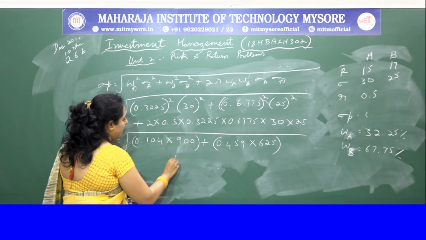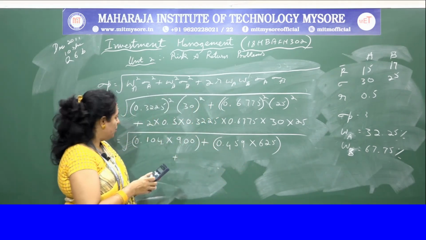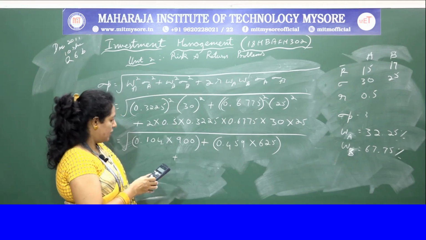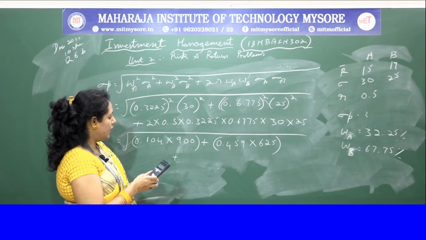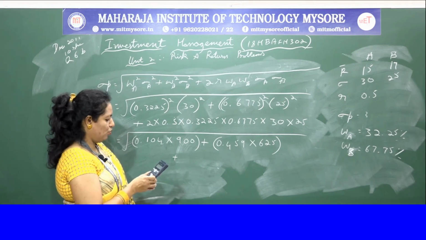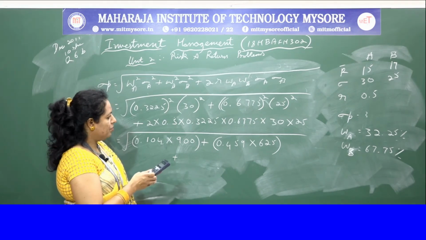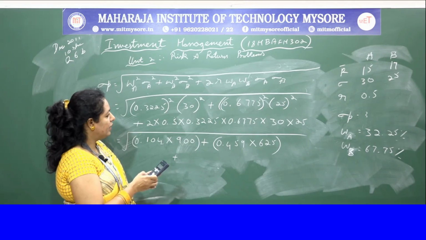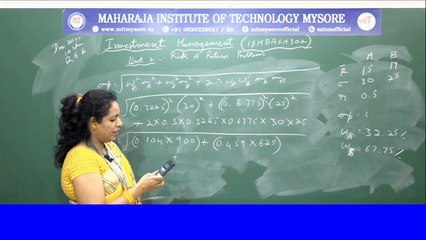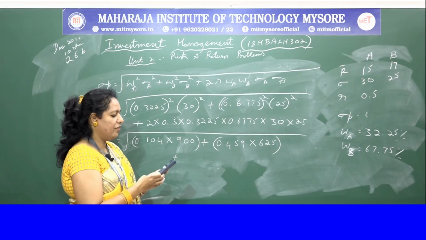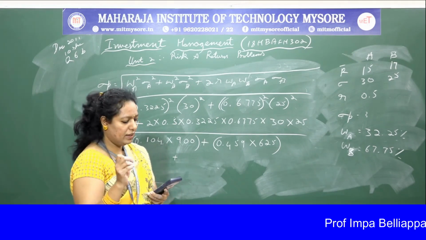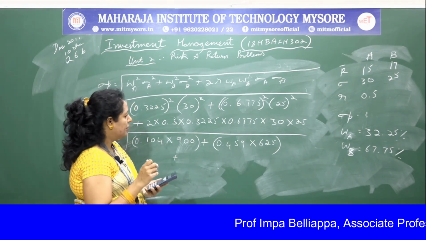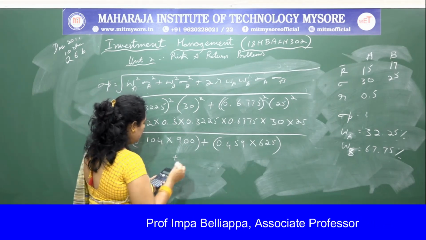Okay, plus 2 into 0.5 into 0.3225 into 0.6775 into 30 into 25. So you get 163.87.